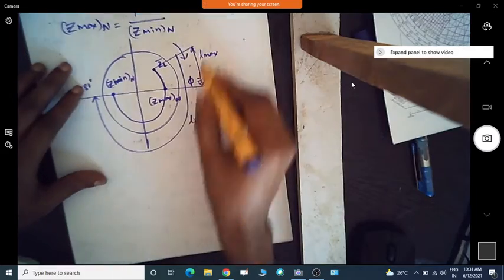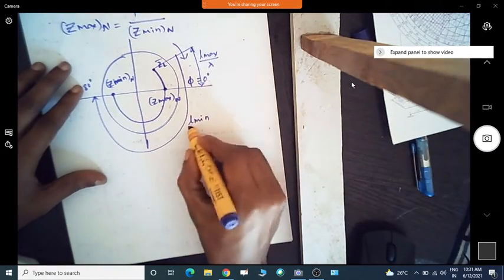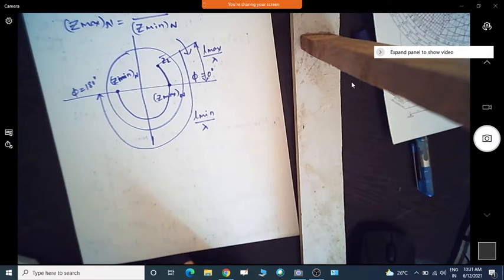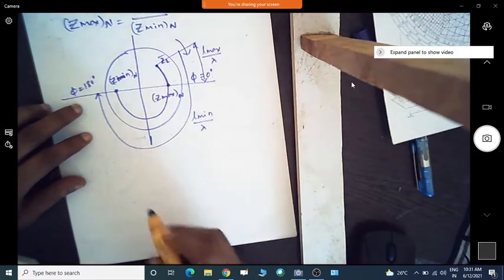So this is L max by lambda with respect to lambda, and this is L minimum by lambda. That is the distance from the load where z minimum and z maximum occur, and we have L max and L min.